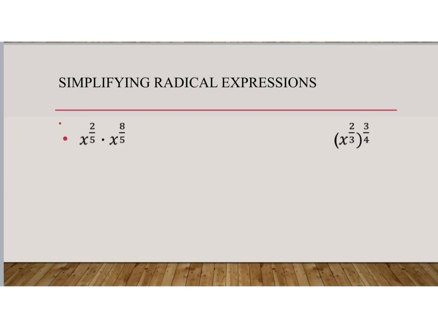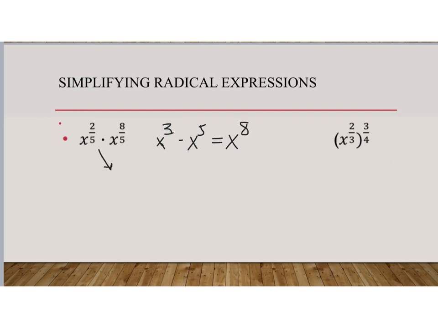Simplifying radical expressions. This is just to show that all of our same properties follow. So for example, in the first one, we're multiplying two numbers together that have the same base. And as you remember, when we did something like this before, let's say x to the 3rd power times x to the 5th power, we would keep the base and we would add the powers.